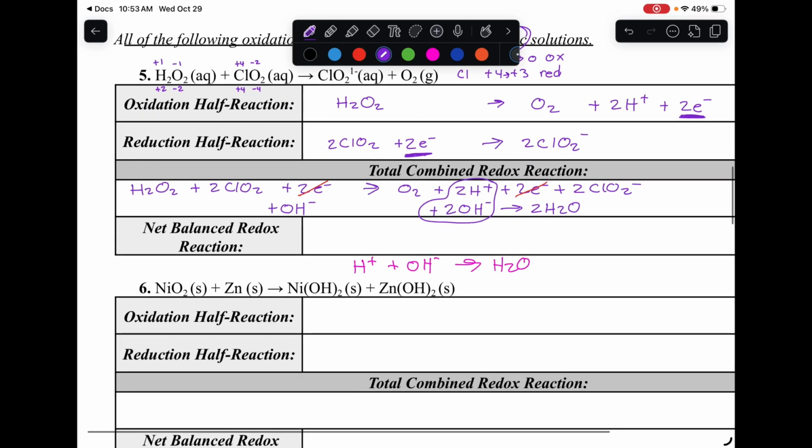So combining this, let's see if we can follow this. We have this, this, and this on the reactant side. H2O2 plus 2 ClO2, and that's not a negative charge. Oops, we need to add 2 of them. There should have been 2 hydroxides because we added 2 on both sides of the reaction.